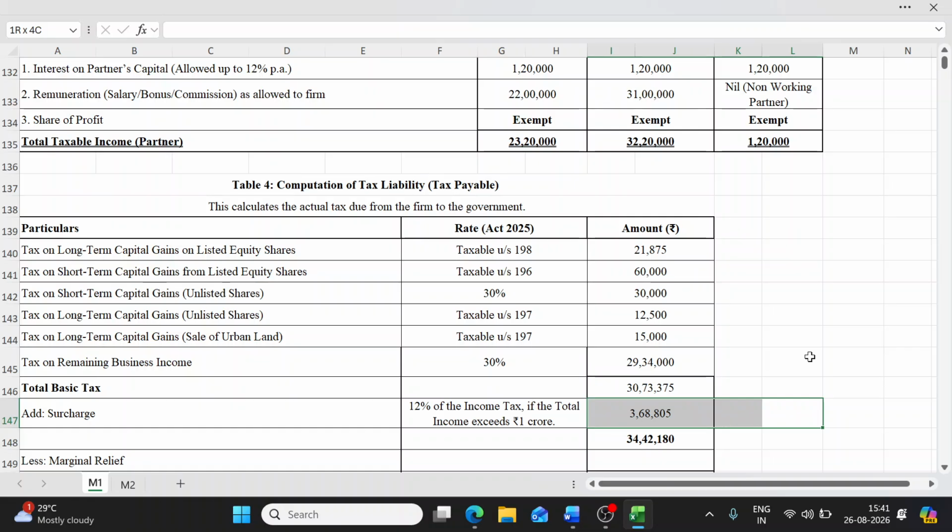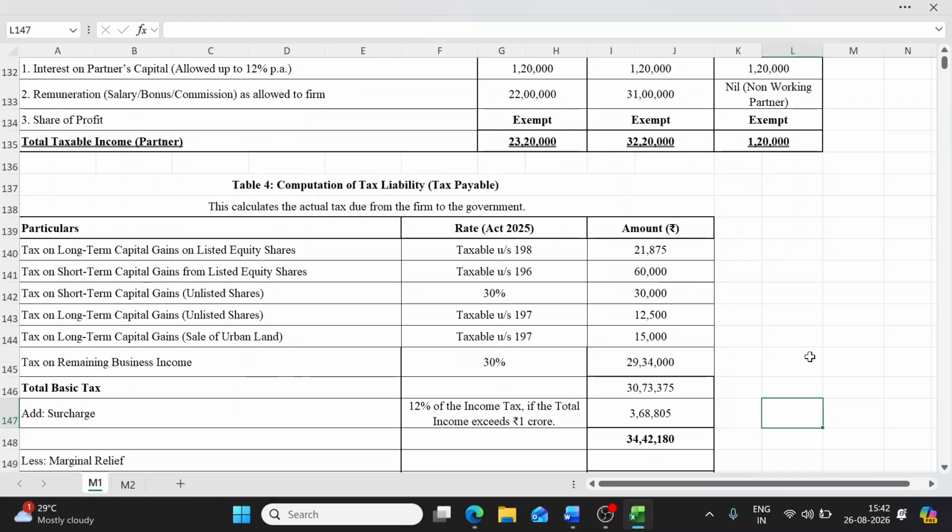The answer is only 3,68,805. So in this case, the additional income over 1 crore is much more than the additional tax in the form of surcharge, because the additional income was 7 lakhs over 1 crore, and surcharge is only 3,68,805.